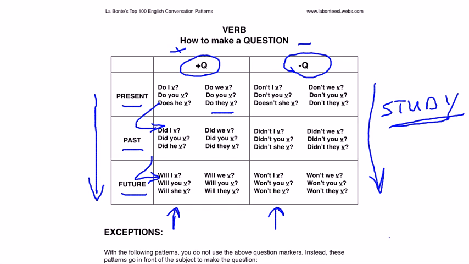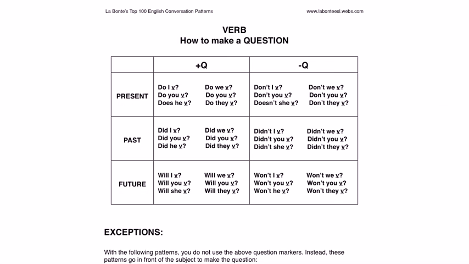Will you read? See if they are able to mimic you, and if they're able to hear well and respond with the same pattern. Then I do the same thing with the negative forms of all these question forms. As you well know, the only exceptions are found in the present tense with the third person singular.